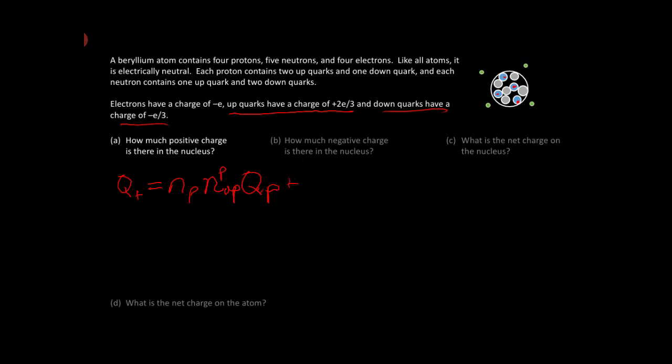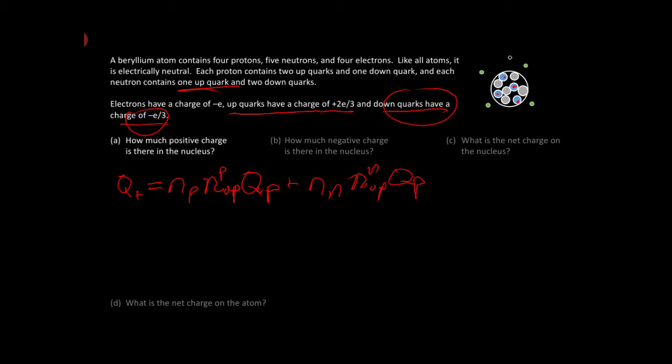Then I'll add the number of neutrons times the number of up quarks per neutron. In that case, that's going to have 1 up quark, and multiply that by the charge of the up quark. And we don't have to worry about the downs because those are all negatively charged.